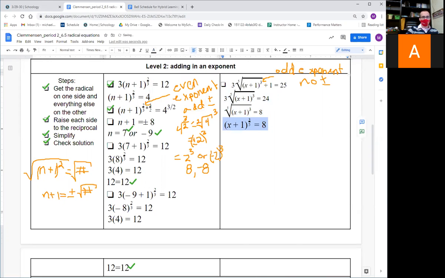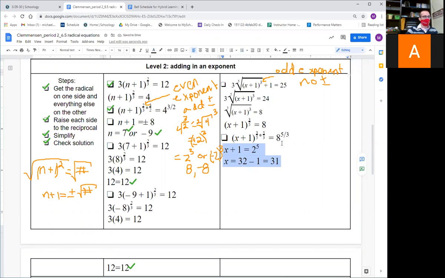You can go back and forth between the two. Then I'm going to raise it to the reciprocal. So the opposite of 3/5 is 5/3. 5/3, 5/3, both sides. Do a little bit of simplifying. I get x equals 32 in the end.